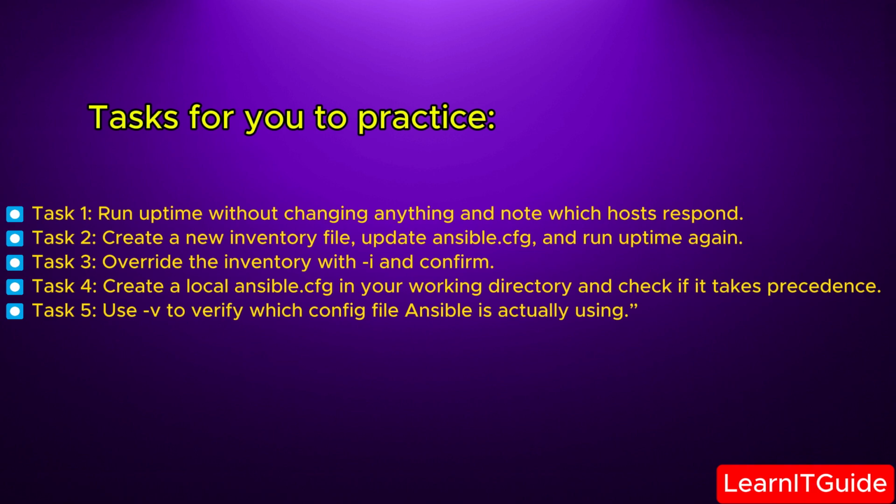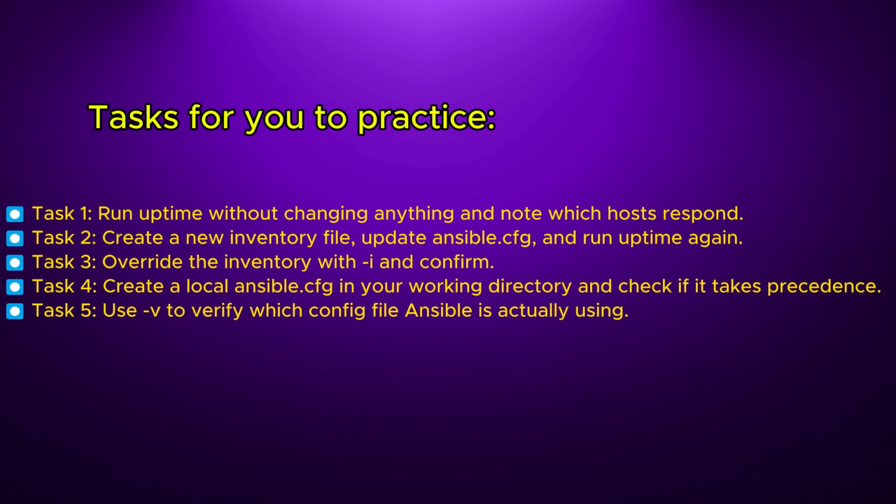Okay, now it's your turn to try these small tasks to build your confidence. Task 1. Run an ad hoc command without touching ansible.cfg, that is the default file, and see which inventory it used. Task 2. Create a custom inventory file with at least 2 servers, update that inventory in your ansible.cfg and verify it. Task 3.